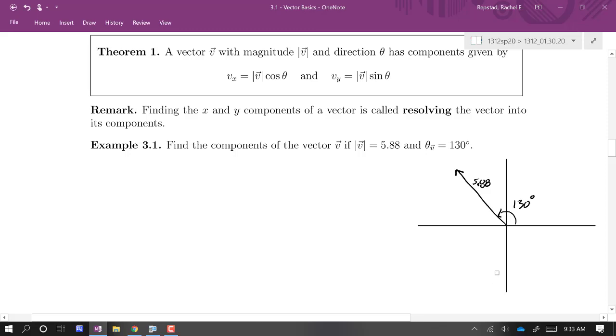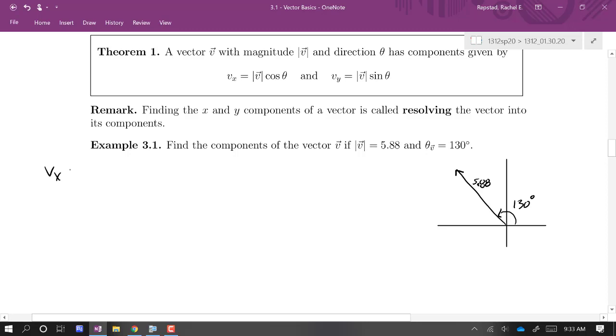Sometimes I like to sketch it out, or at least make a mental note of what quadrant a vector is in first before I start, because it gives me a sense for what to expect. I know that I should expect the x component to be negative and the y component to be positive when we calculate these out.